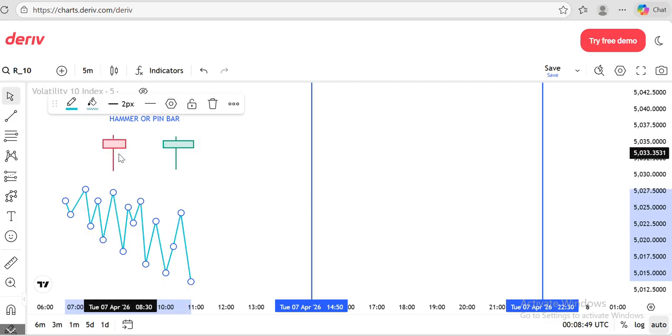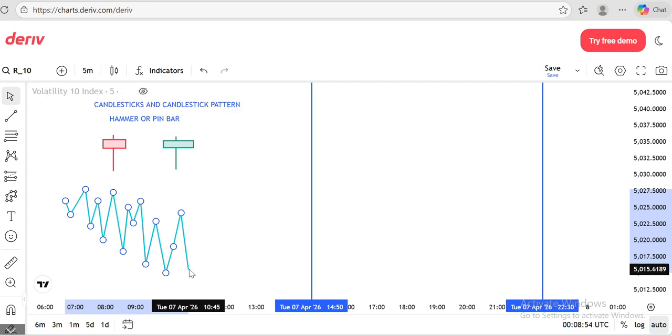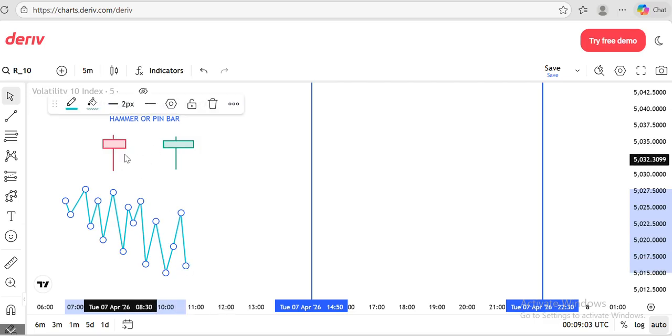Now if you see any of this, maybe here becomes a support. If you see price come to somewhere here and you see any of these at this place, a rejection like this with this candle, it is signifying that it's as though buyers want to come into the market.